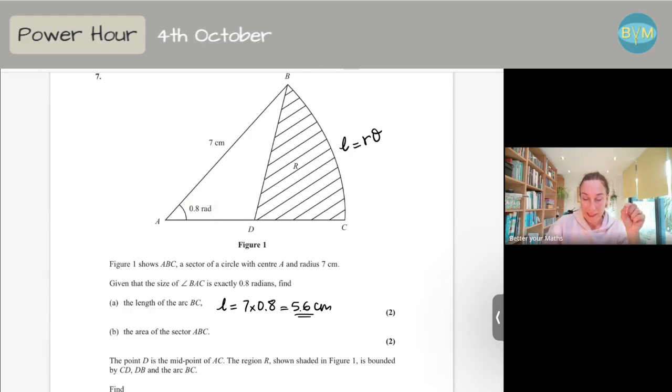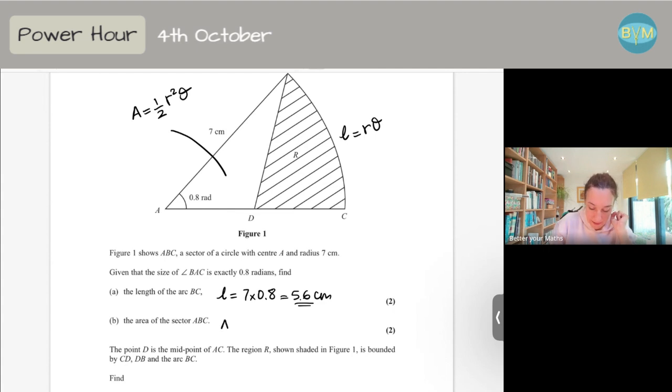And again, it's a very simple formula that you need to remember because it's not in the formula booklet. The area of a sector when the angle is in radians is just 1/2 r squared theta. So the area of the sector is going to be 1/2 times 7 squared times 0.8.